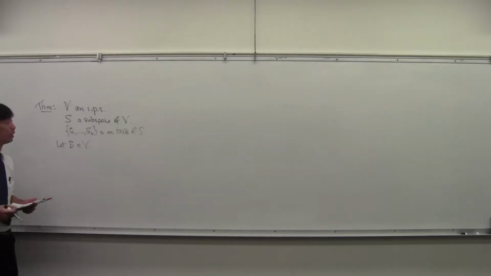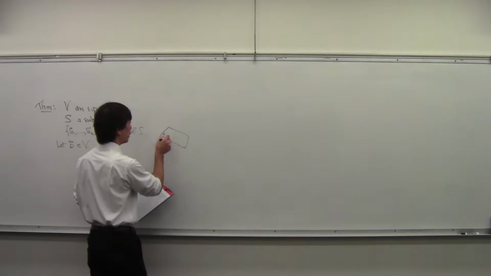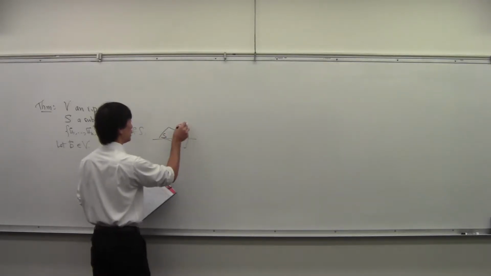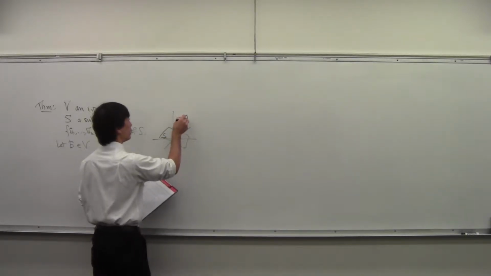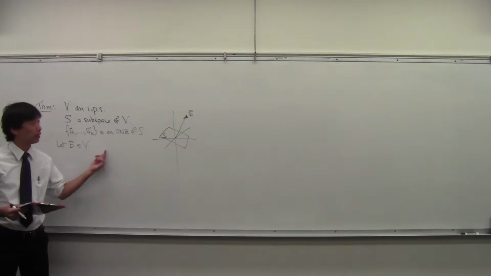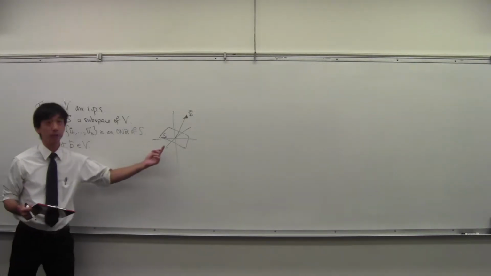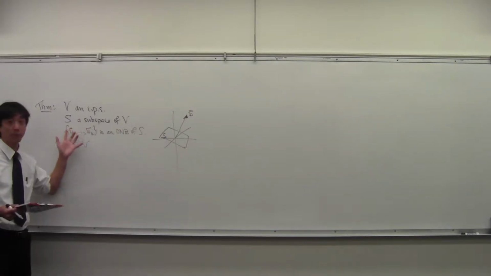The picture in Euclidean space is that your subspace is sitting inside your Euclidean space, and you have some b here. You're wondering what's the closest vector in S to b, and this is how we're going to get it.